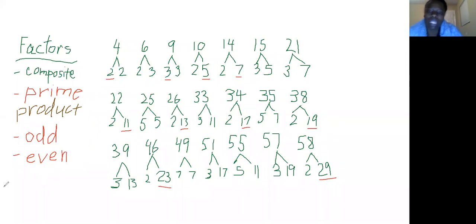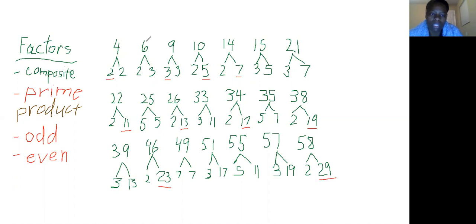So before I even do the next set of level 1 composites, I want you to be aware of this fact that there are different types of numbers, even and odd. So I'm going to show you which ones are even, which ones are odd. And just by the definition, you'll start to see the pattern.